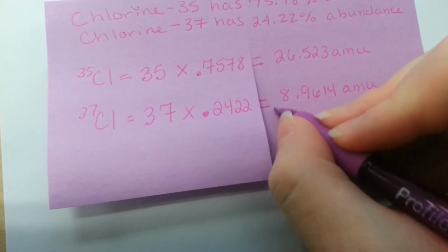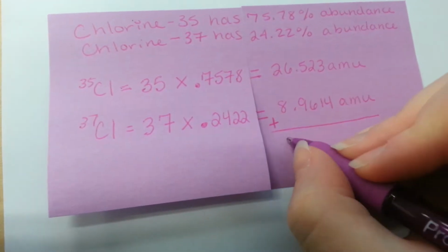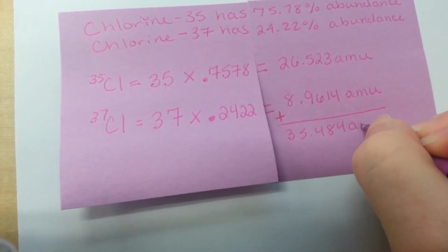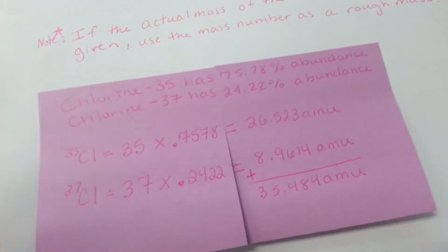So to get the total, we simply add these up, and that comes out to 35.484 AMU.